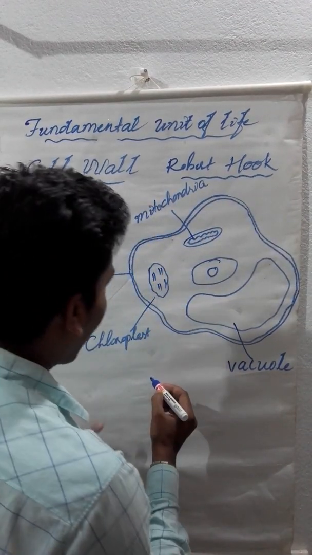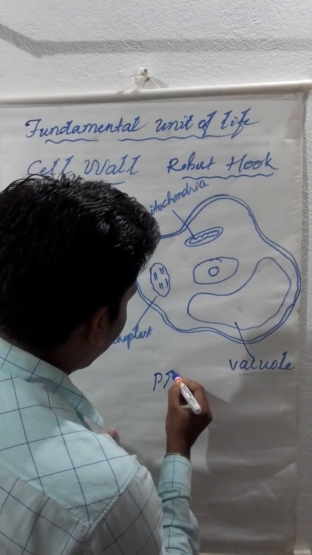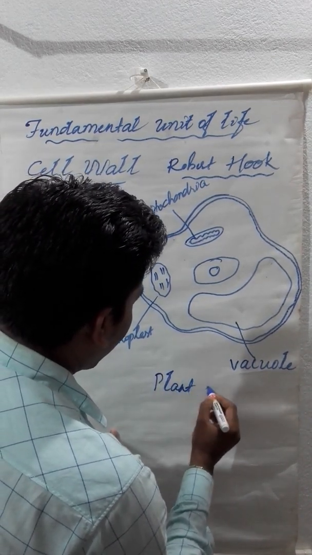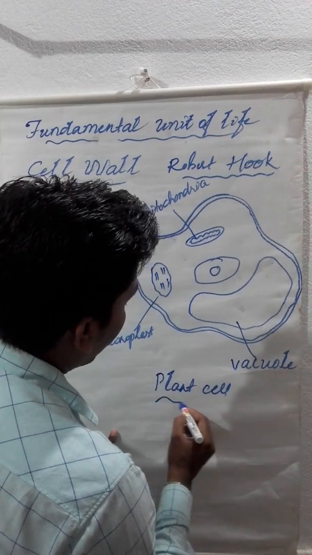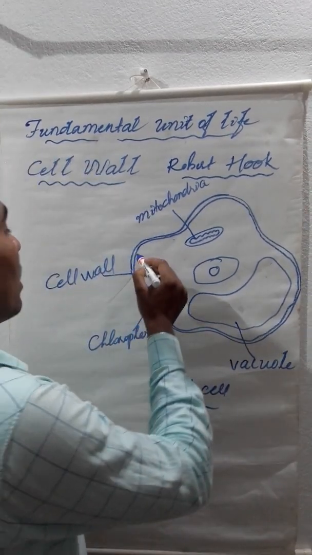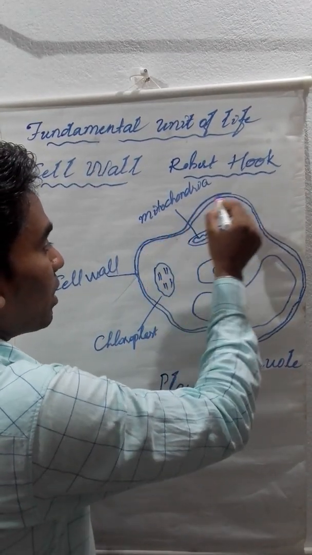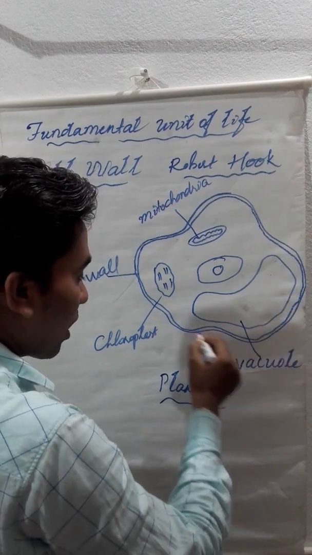Suppose this is the plant cell, and every cell has an outer membrane.